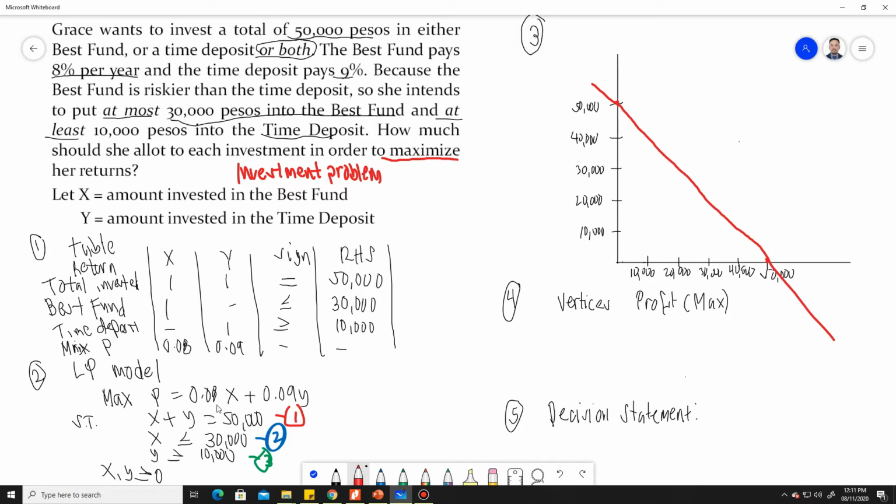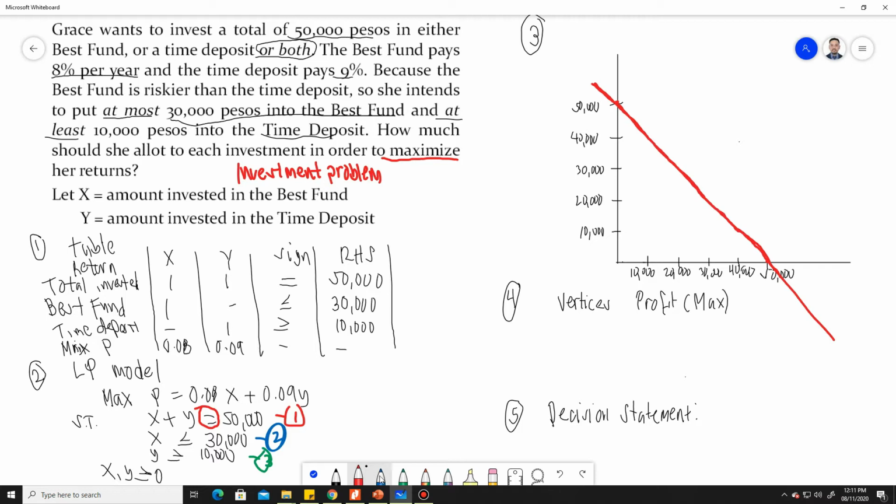And then take note that yung kanyang sign is equal. Pag equal sign, ang shading niya is along the line. Papakapalan lang natin to. So take note, if ang sign natin is equal, the shading is along the line.